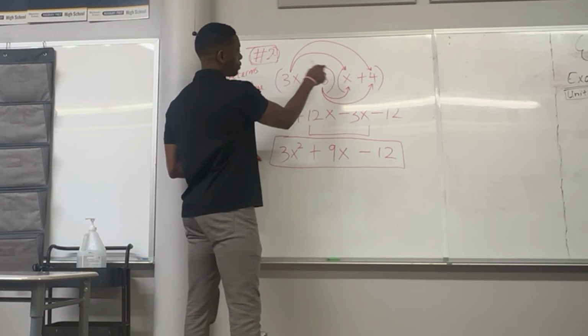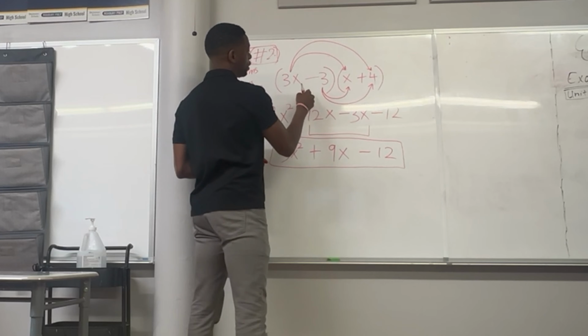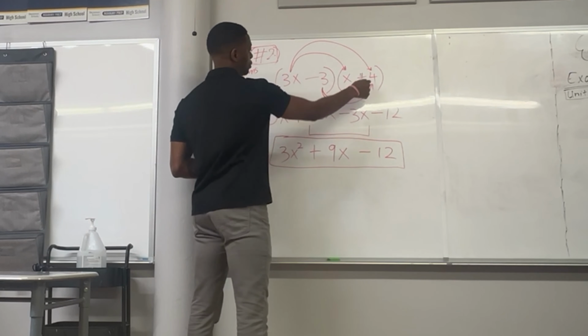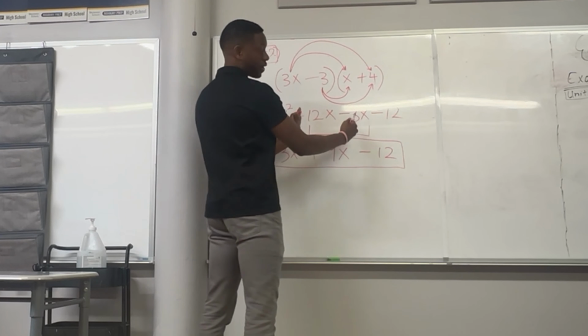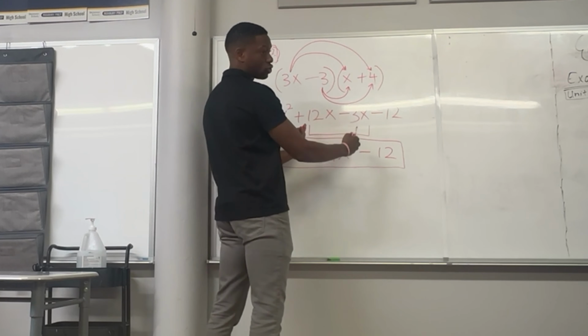Start from this to this, this to that, this to this, this to that. Set them up, find like terms to the middle, to give you this, bring this down, and you're done. All right? What else do you have?